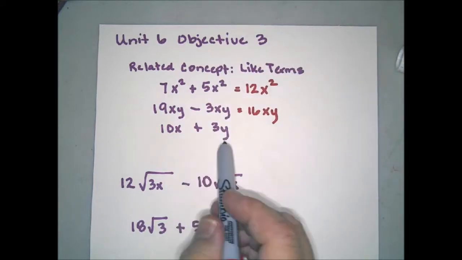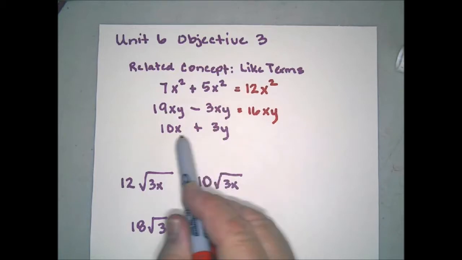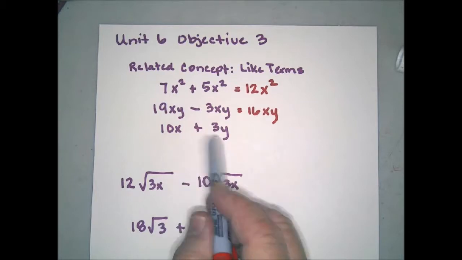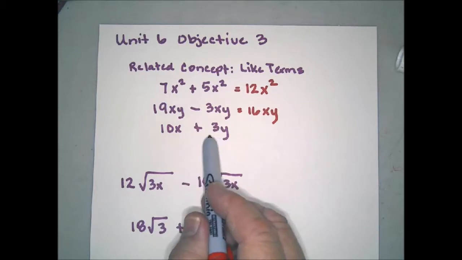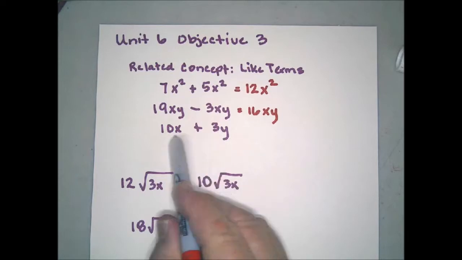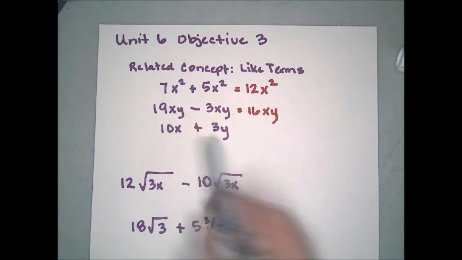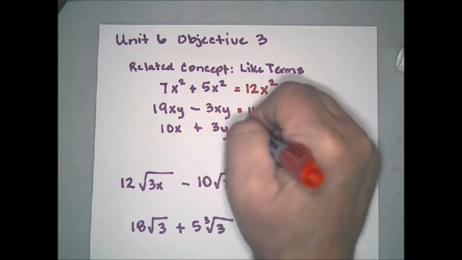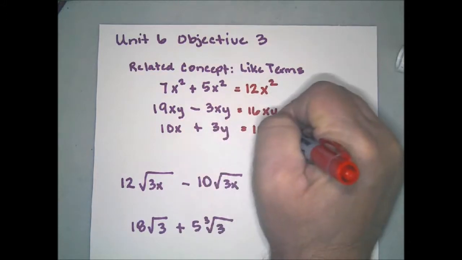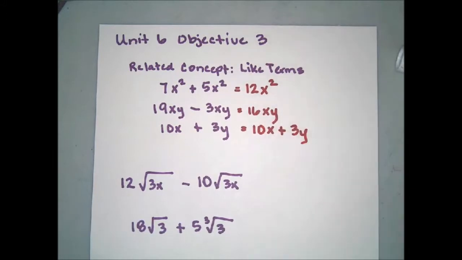Now, 10x plus 3y, this is an example of how you can't simplify this anymore because they are not like terms. So if a problem asks you to simplify or add these two terms, you really can't. This is the most simplified form you can possibly get, 10x plus 3y.